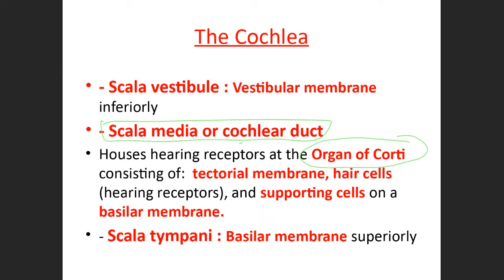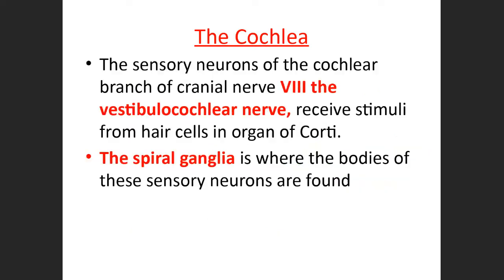This will be the equivalent of the macula for the utricle and the saccule, and the crista ampularis for the ampulla. The receptors are called hair cells. So notice that hair cells are the name for the receptors for hearing and for equilibrium. I will talk about the other structures in a minute.